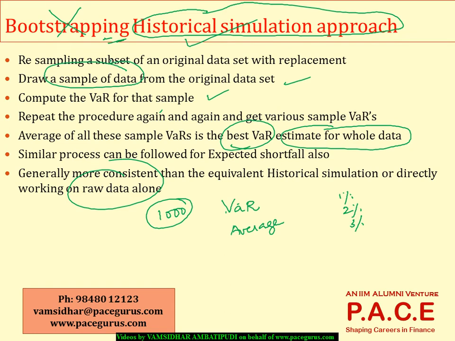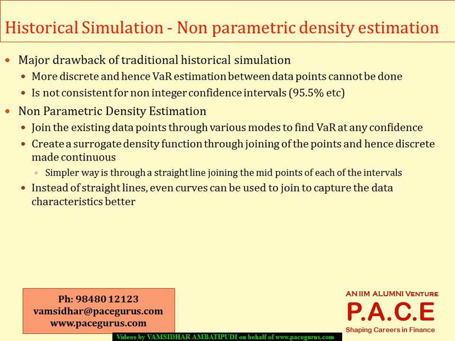Now let's move on to a non-parametric density estimation mechanism. In a way we have actually used it earlier also. Right now in my sample I have pulled out 100 elements, and I am trying to find the 1% VaR by identifying the first element in ascending order.